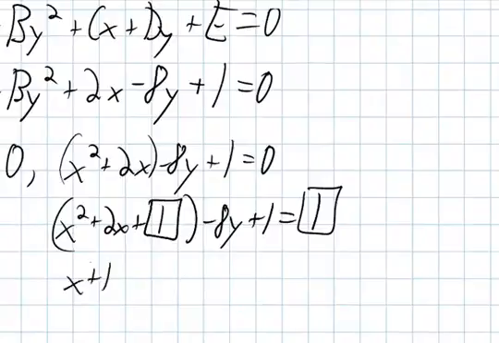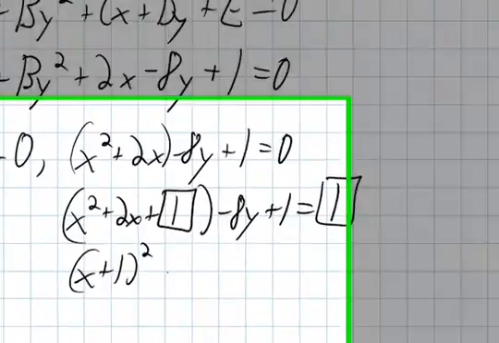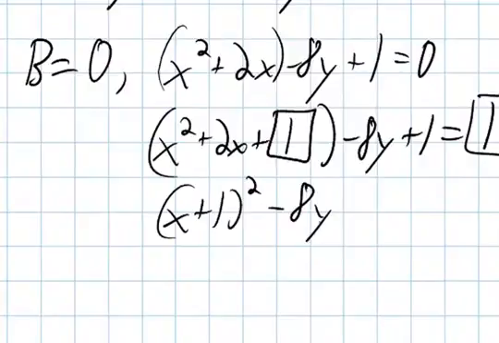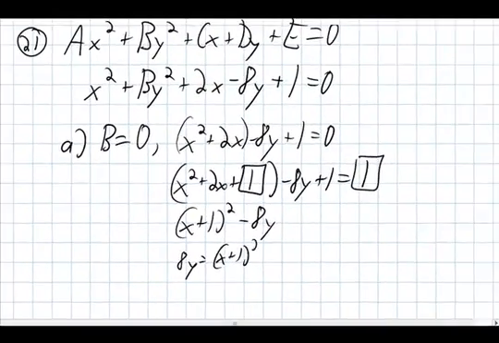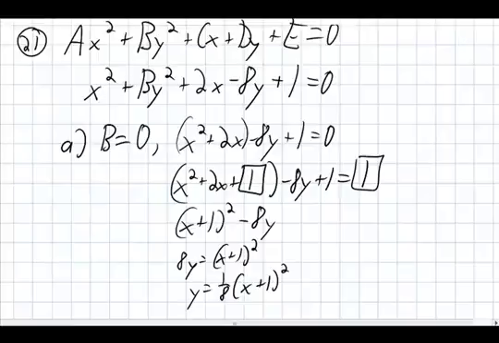And then you get x plus 1 squared minus 8y. The 1's would cancel. You'd end up with 8y is equal to x plus 1 squared, or y is equal to 1/8 x plus 1 squared. This is a parabola.